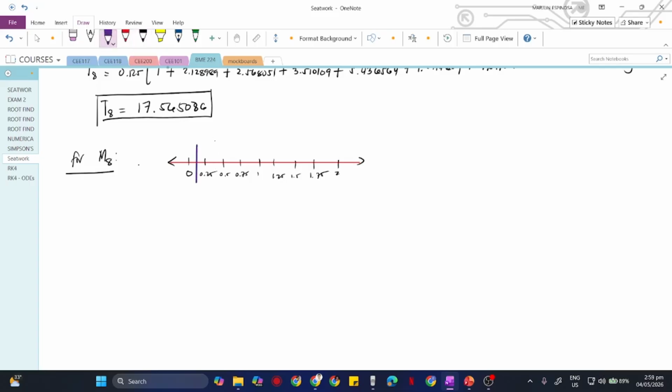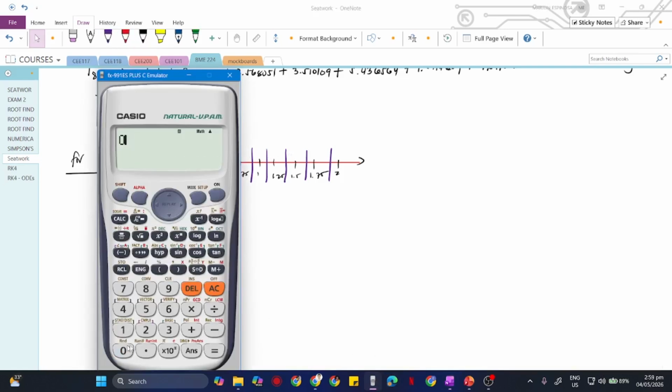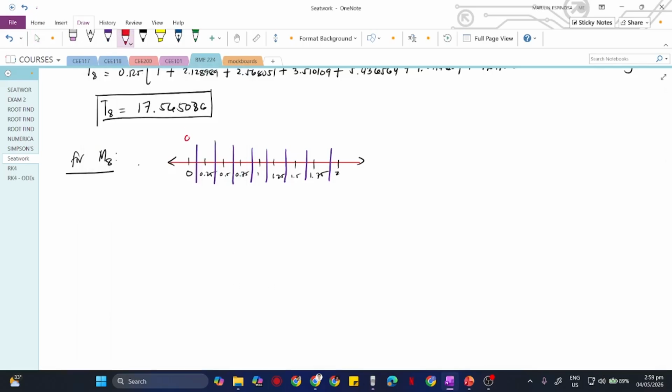Okay, so what are the midpoints here? This midpoint here, here, and here. So how many midpoints? 8. 1, 2, 3, 4, 5, 6, 7, 8. So what is the midpoint of 0 and 0.25? 0.25 divided by 2 gives us 0.125. So 0.125 here. And then you can just add an increment of 0.25.